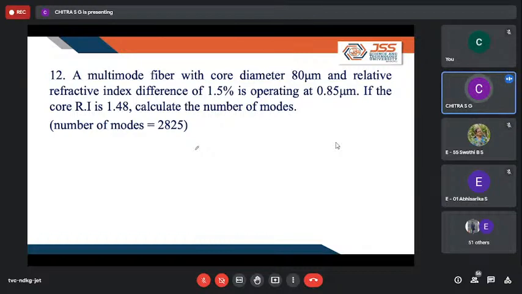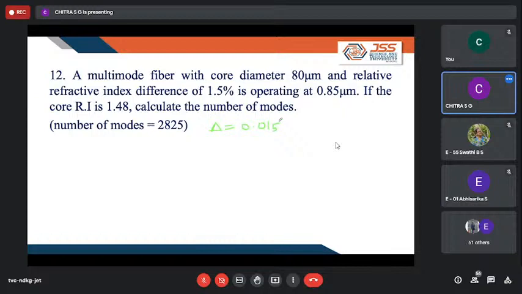So can anybody tell me what is given here? 80 micrometer is the diameter of the core, D is given. Relative refractive index difference means delta, given in percentage. 1.5% means what is the value of delta? Yes, delta you should take as 0.015.